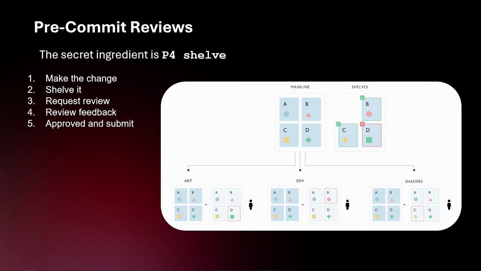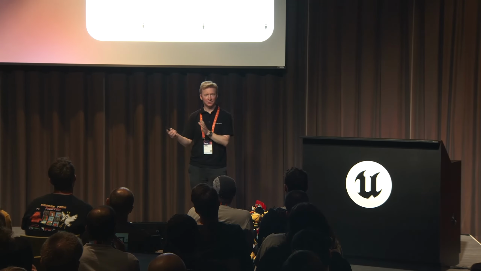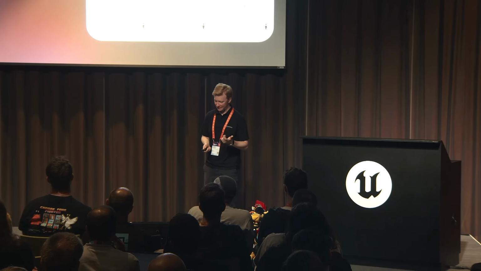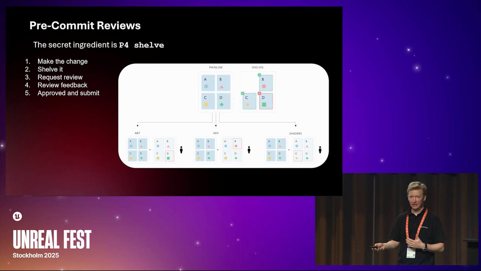So we have four files here, A, B, C, D, and we made changes to B, C, and D, but that is still not being submitted into your mainline. In this case, B and C were approved with this green checkbox, and file D failed, so that's never going to make it into the mainline. Then you can have a submit, either from code review directly or via some other script or from P4V, into your mainline as soon as something gets approved. That's the magic behind how we do this pre-commit review model in P4 Code Review.